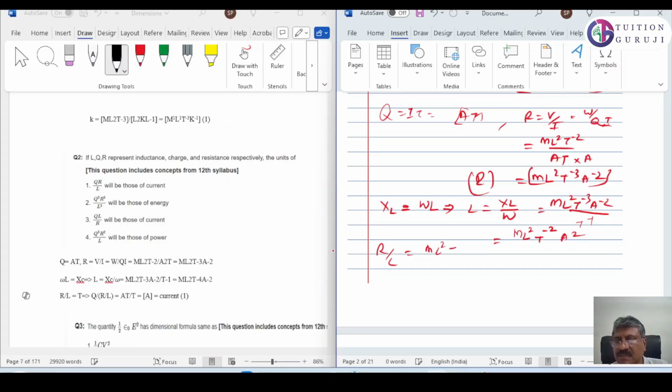R is M L square T raised to minus 3, A raised to minus 2, divided by L, which is M L square T raised to minus 2, A raised to minus 2. So this gets cancelled, this gets cancelled. Now T raised to minus 3 minus of minus 2 is T raised to minus 1. Now Q into R by L is equal to Q, which is A T, into T raised to minus 1, which is nothing but A, ampere. So QR by L, the first option, will be those of current.